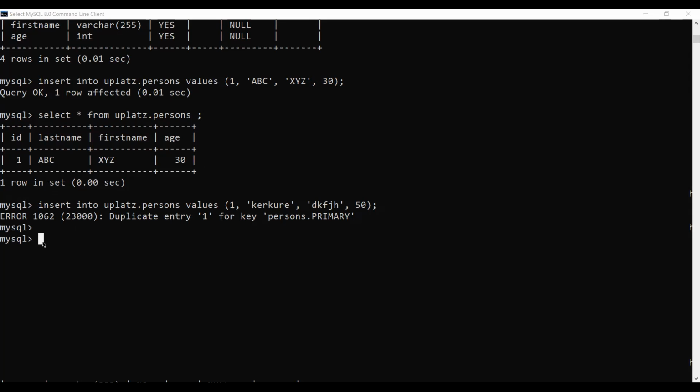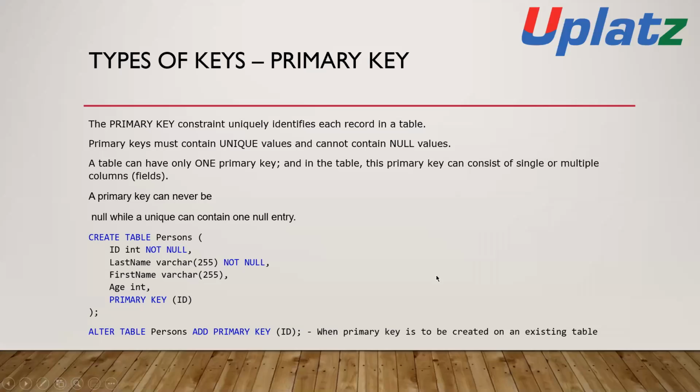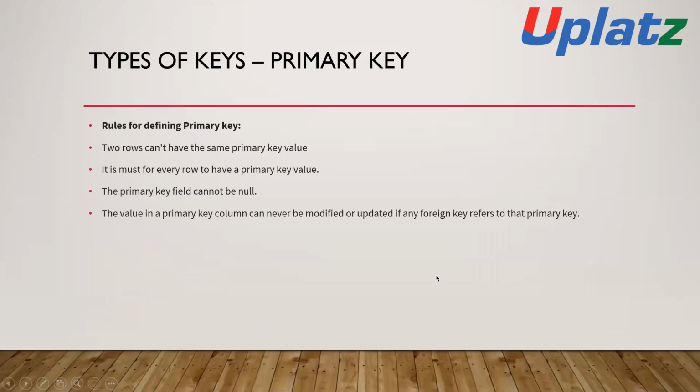Going back to our keys, types of keys. Next we have, there are some rules for defining primary key. As you must have seen in the demonstration, two rows can't have the same primary key value. It is a must for every row to have a primary key value. The primary key field cannot be null.